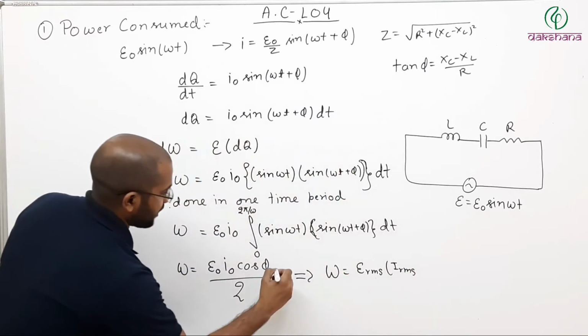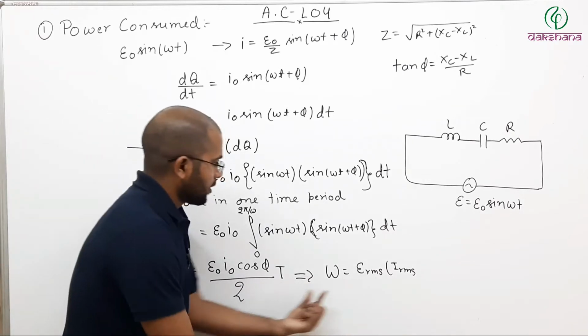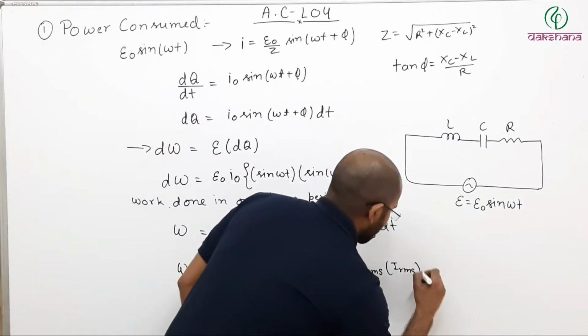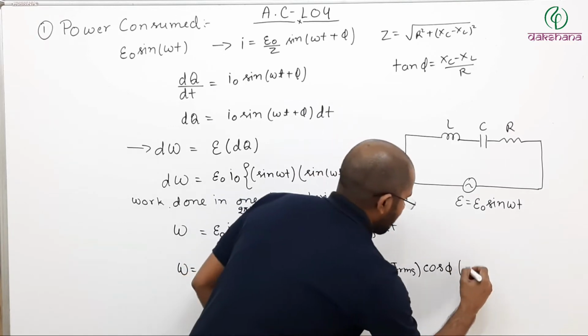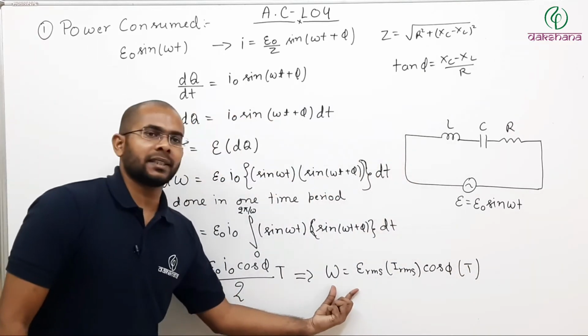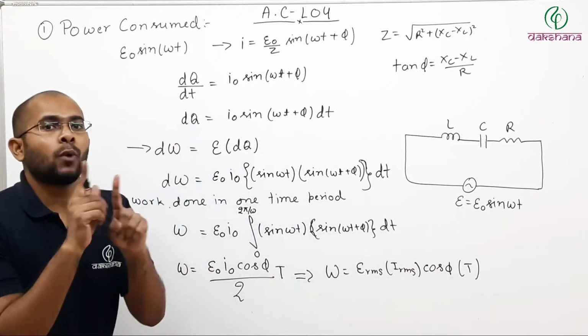Here you will get capital T as well. So work done is nothing but ERMS IRMS cos phi times T. That would be work done by the battery in time T, capital T, in one cycle.